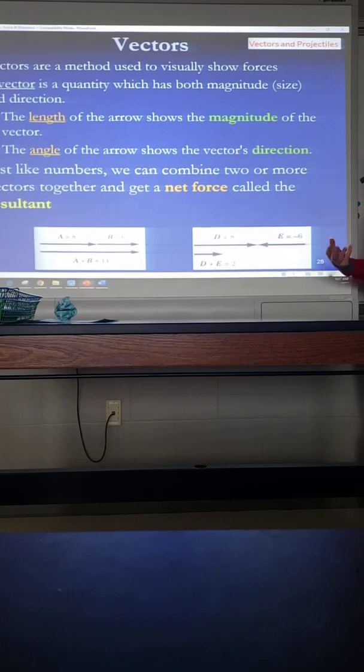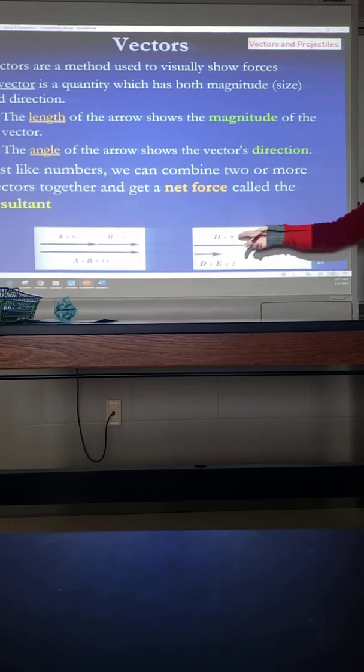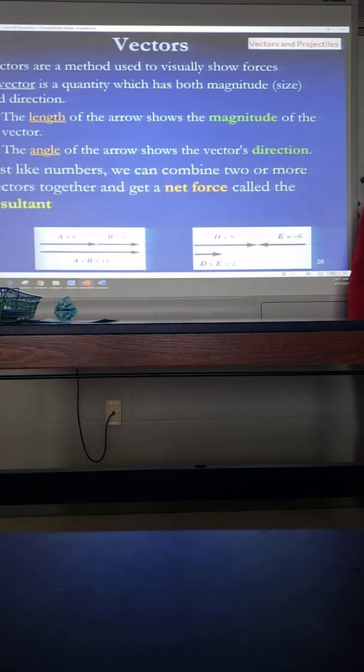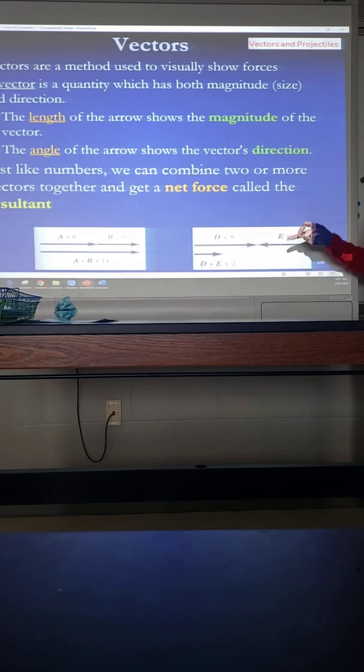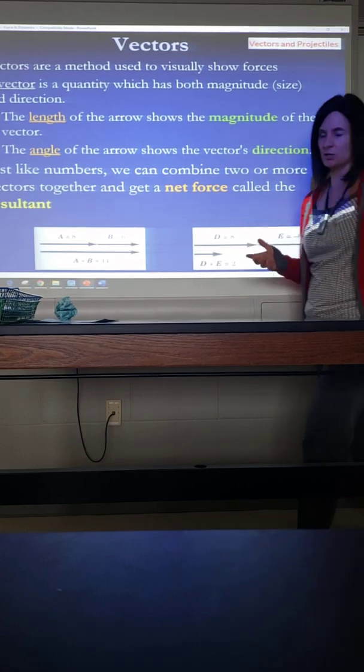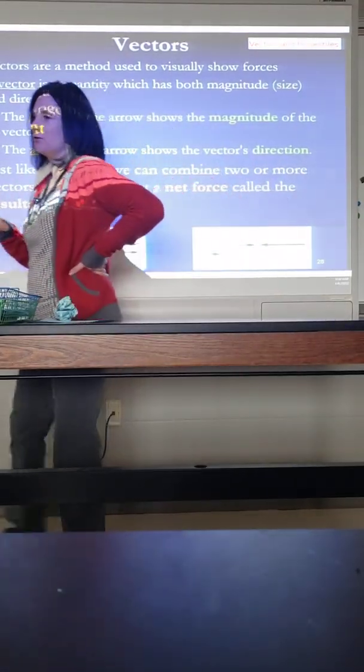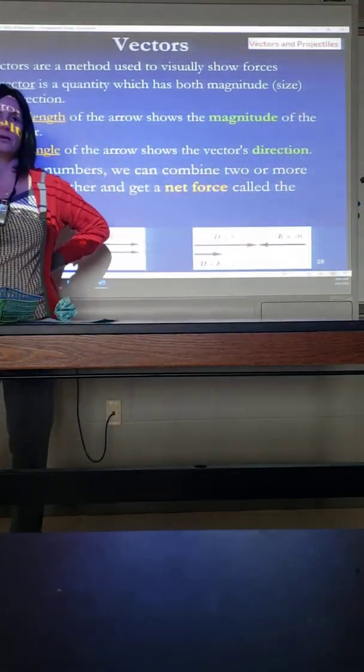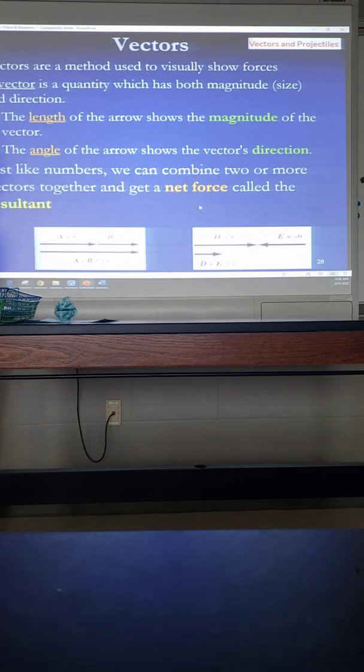I'm going to subtract them. My answer is 2, and it's going to have the sign of whichever vector is larger. Well, 8 is positive, so that's a positive. If you want to think of it as the negative, so it's going to the left, making this a -6, then 8 plus a -6 is still 2. So either way, you get the same answer. If that whole negative business confuses you, then just don't worry about it. You see them going opposite, just subtract them.